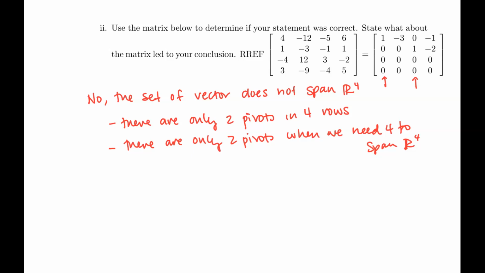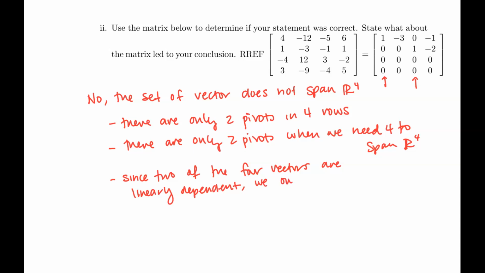The last one is probably the hardest here. I was thinking about those non-pivots. We'd have to write something like, since 2 of the 4 vectors are linearly dependent. But see, now we're getting into definitions that we haven't hit at that point. It's probably not the best way to do this.